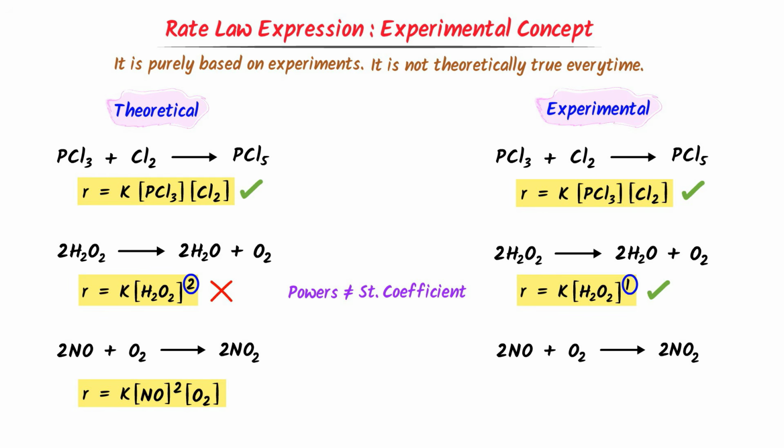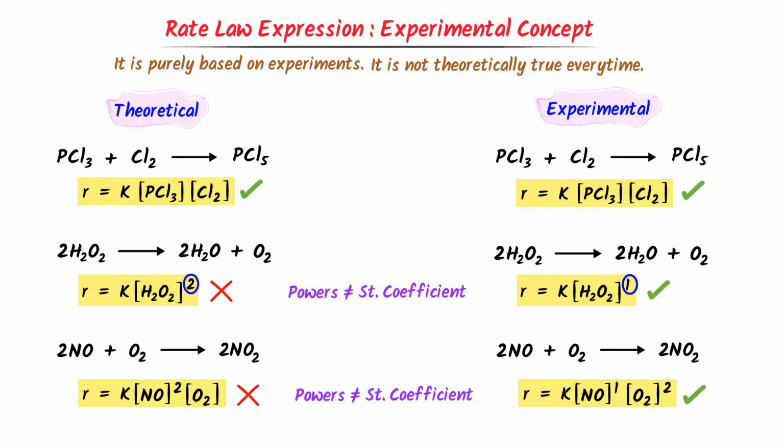While experimentally, we write r equals k times the concentration of NO, the power is 1, and the concentration of O2, the power is 2. The powers are different in the theoretical expression and the experimental expression. So the theoretical expression is 100% wrong, while the experimental expression of rate law is 100% right.